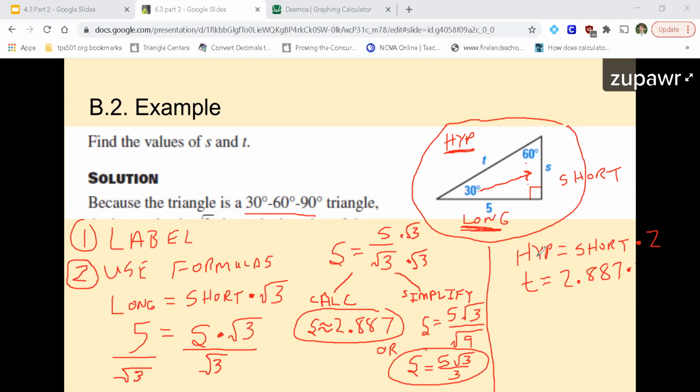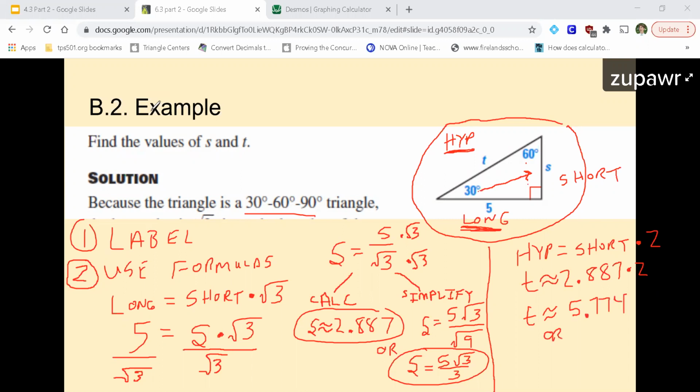2.887 times 2. And again, I can't really put an equal sign there. I have to put the squiggly equal sign, which says this is not exact. This is just approximate. But that's 5.773. Actually, 5.774.